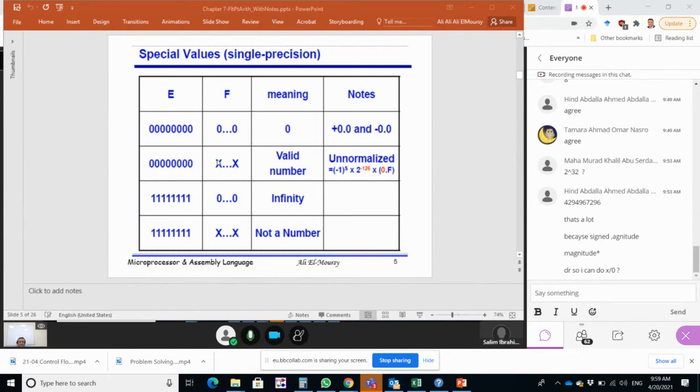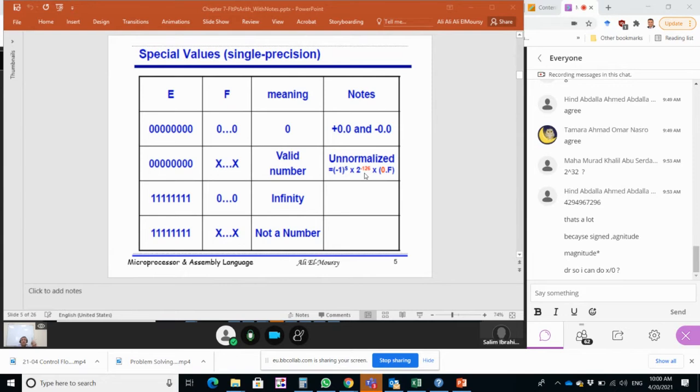The second special case is when the exponent equals all zeros and the mantissa equals anything. Those are valid numbers, but we call them unnormalized numbers.